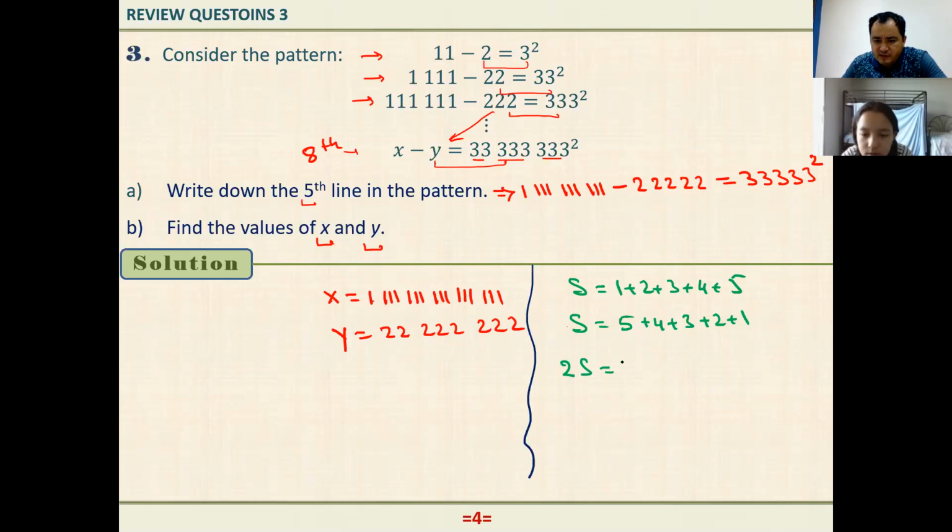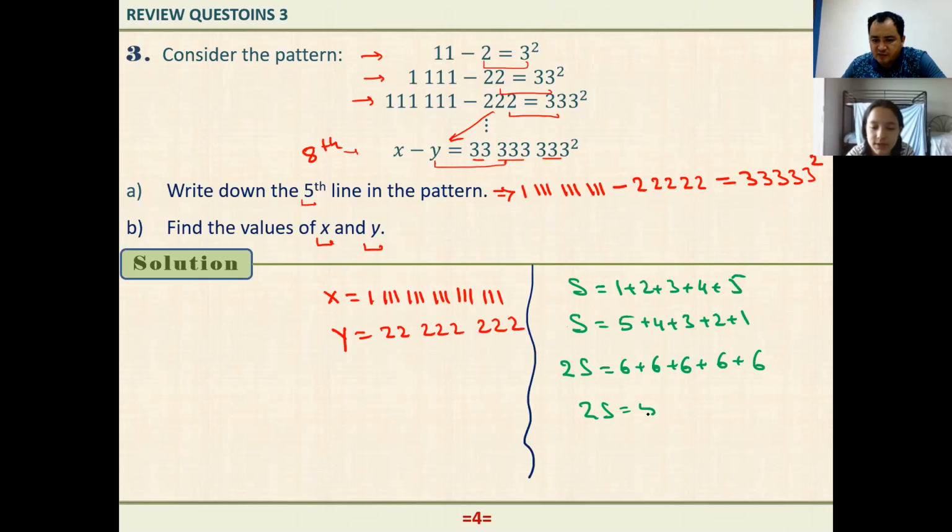1 plus 5, 6. 2 plus 4, 6. 3 plus 3, 6. 4 plus 2, 6. 5 plus 1, 6. Now 2S equals, how many 6s do we have here? 1, 2, 3, 4, 5.